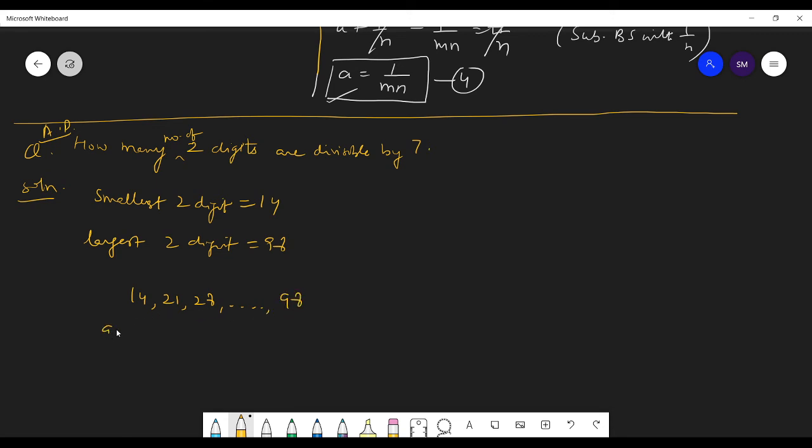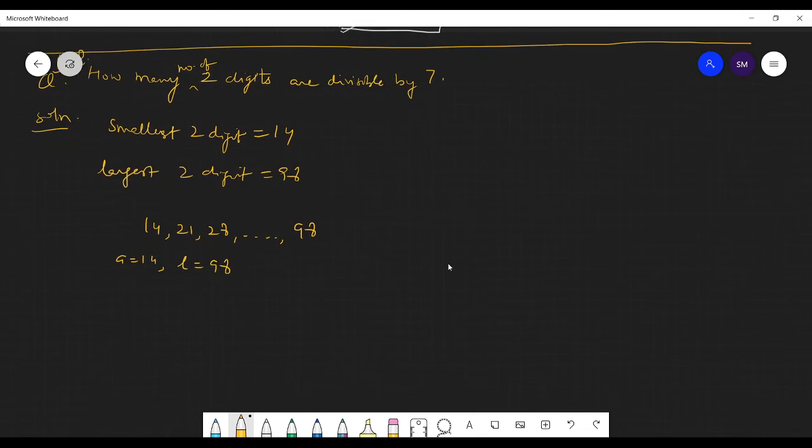So you have got first term as 14, last term as 98. So how many numbers are these? So nth term is 98. Okay, so an is equal to a plus (n minus 1) into d. So what is a? 14. Your answer is correct, Yashasvi. So n minus 1 into d.